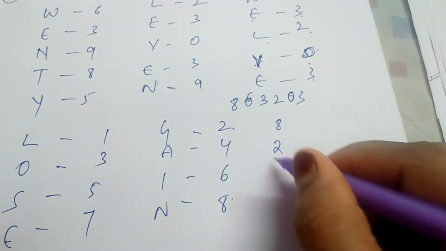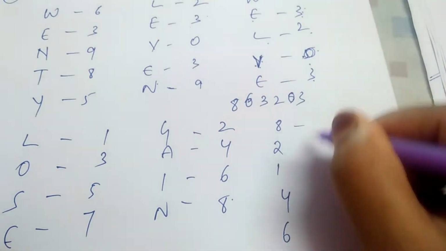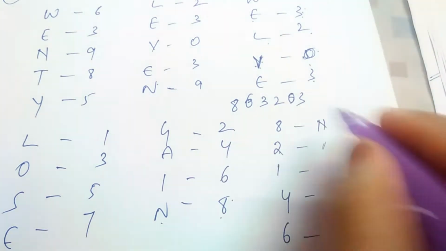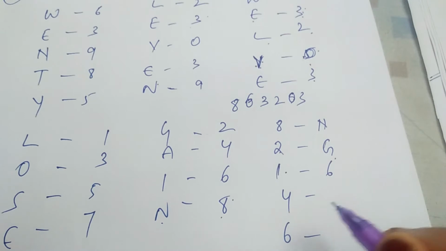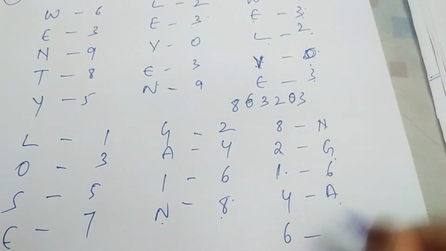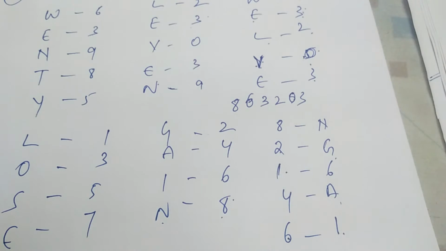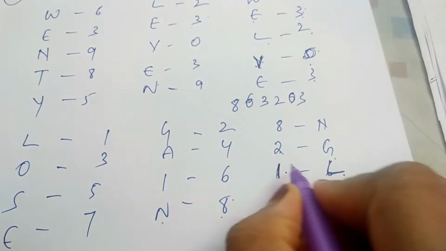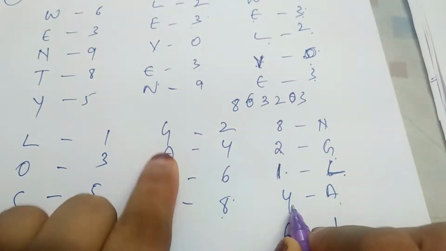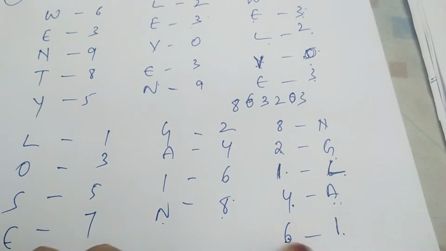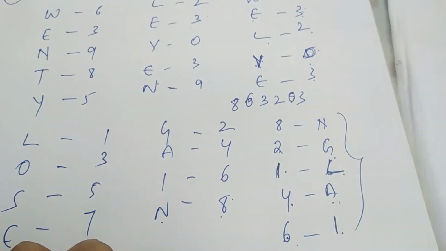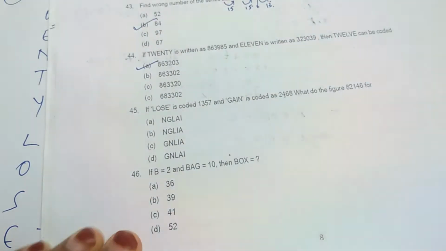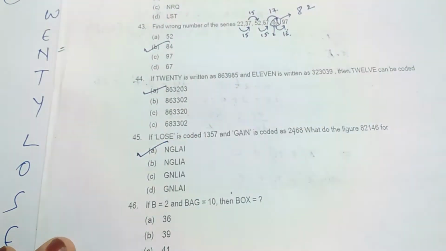It's the reverse coding. 82146. Here you can see, in place of 8 it is N, in place of 2 it is G, in place of 1 it is L, in place of 4 it is A, and in place of 6 it is I. So our code is NGLAI. Is there an option? NGLAI, yeah. So option A is the right answer.